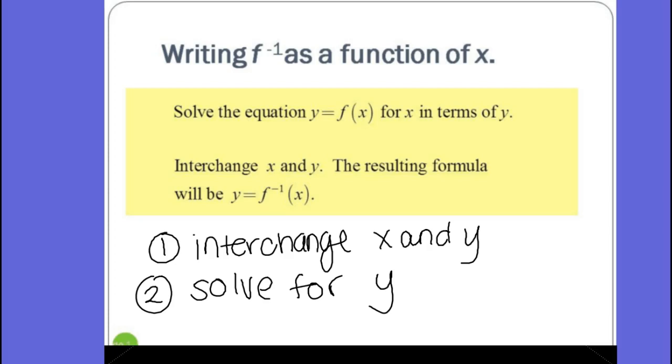Okay? In order to find an inverse, we're going to do the exact same thing we used to do in Algebra 2. You're going to flip x and y and solve for y.